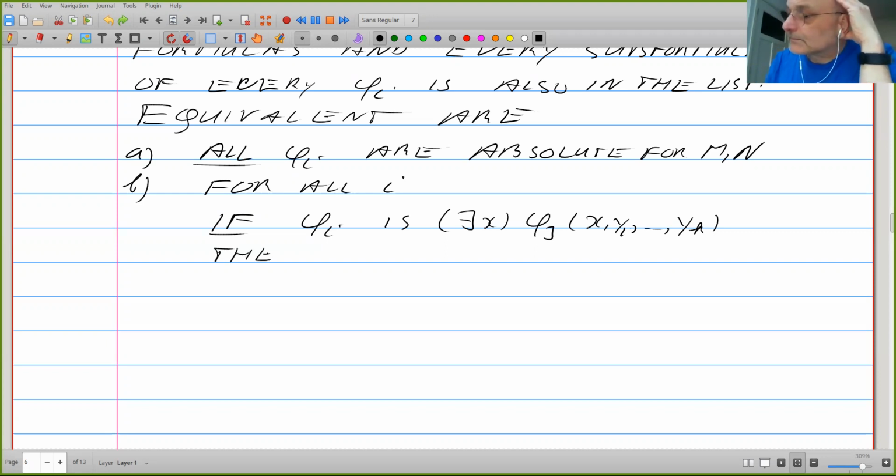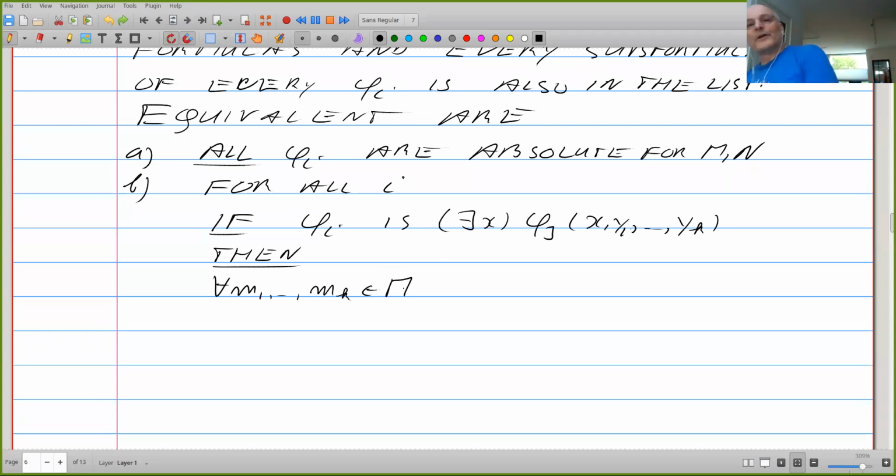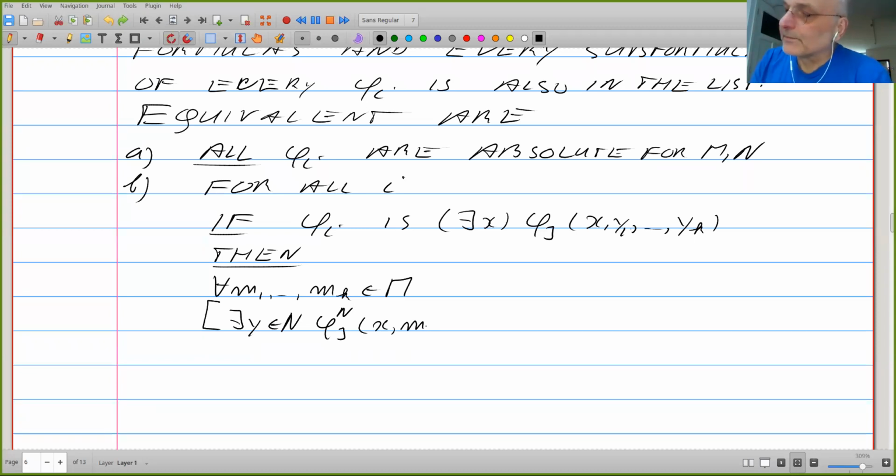Then, and this also takes a little time to digest, the following holds for all tuples in M. Okay, you have to look very closely at what I'm going to write down now. Oops, I got a wrong letter here.